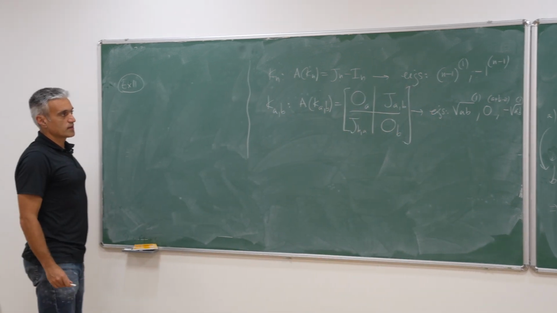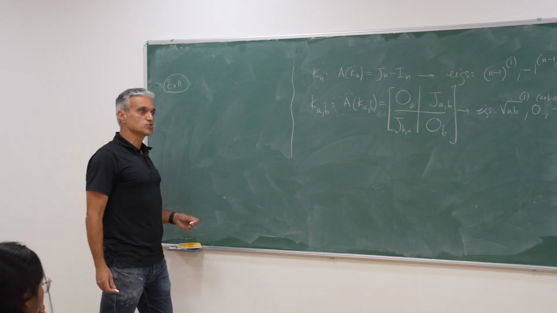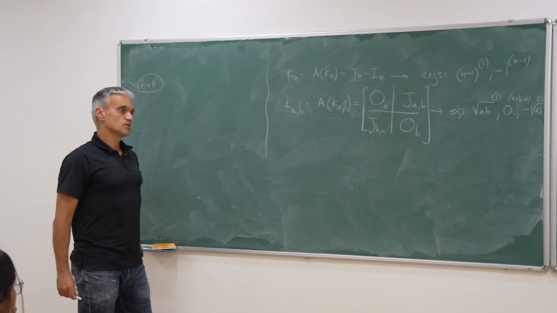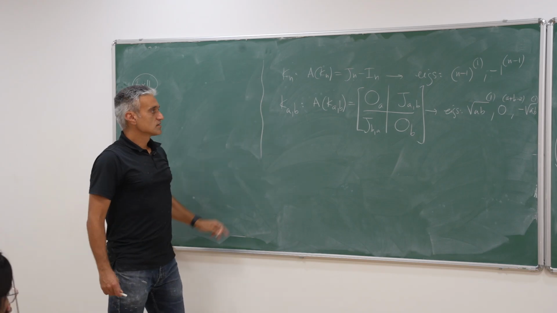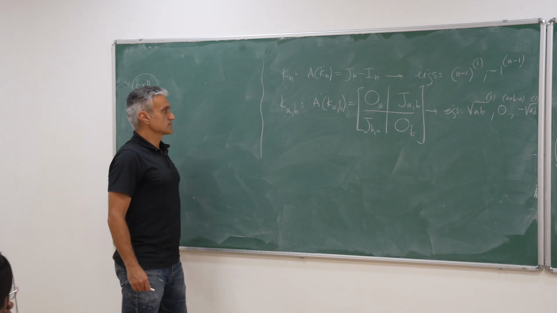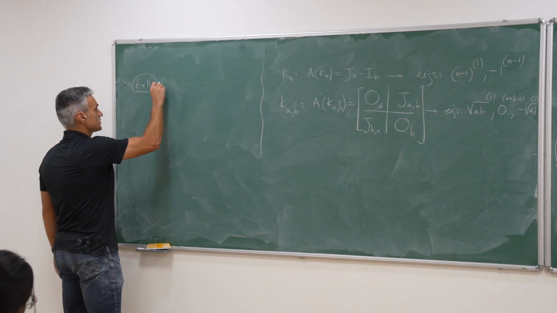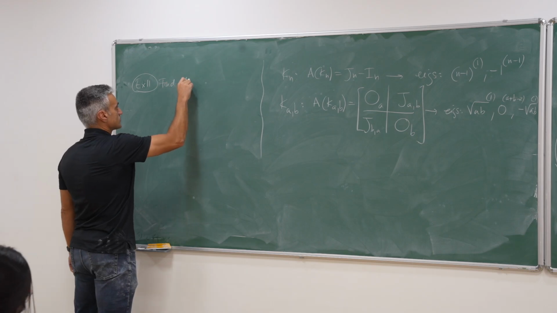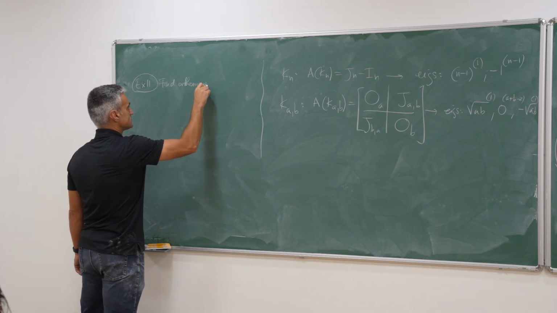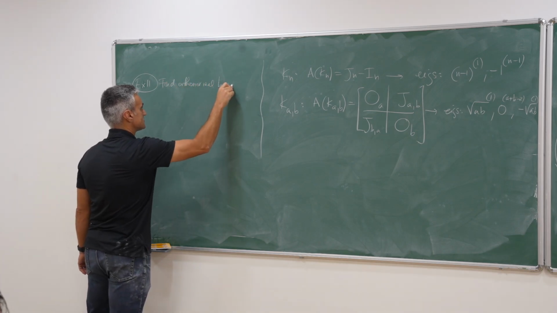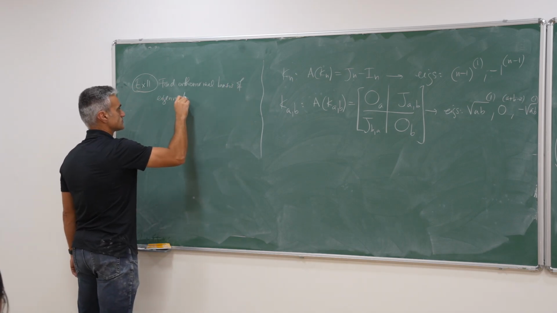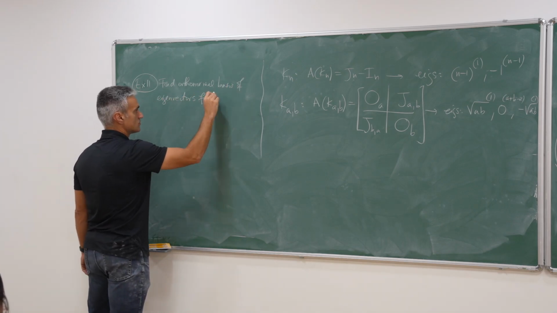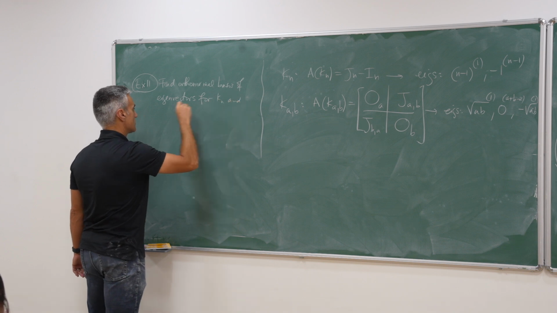Okay, so I haven't done the proofs of this, but you should know how to calculate it if somebody asks you. This one is pretty straightforward. This one is a little bit of work, but it's not complicated. So here again, find the eigenvalues for Kn and Ka,b.